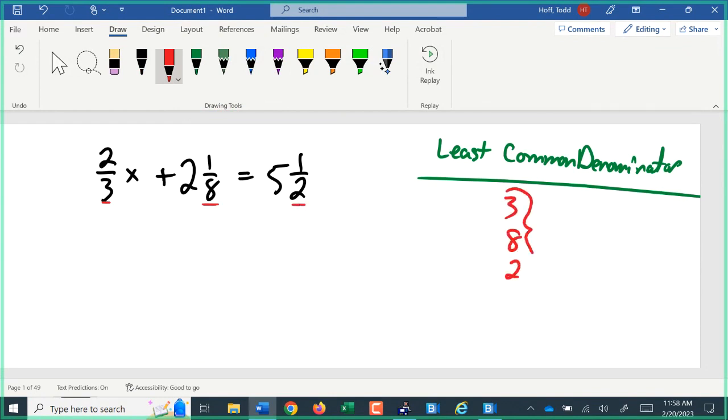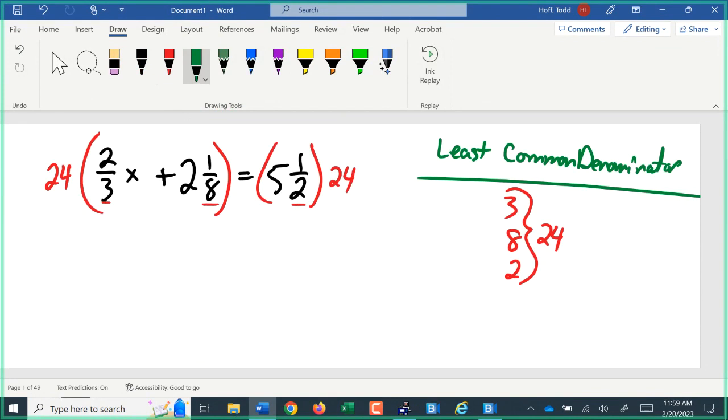Well, the 2 isn't going to affect anything here because anything that the 8 goes into, 2 is also going to go into. So for 3 and 8, it's 24, and 2 will go into 24 as well. So we'd multiply both sides by 24 again.